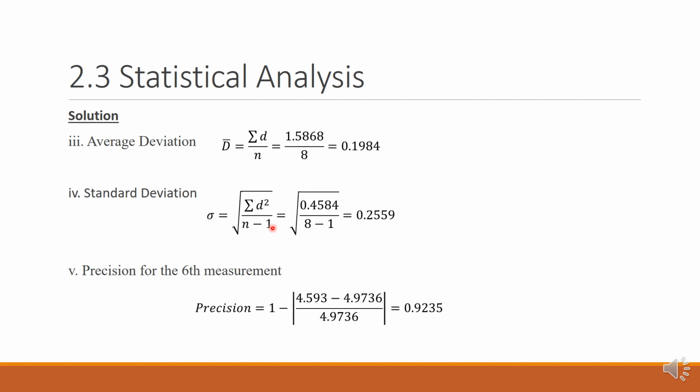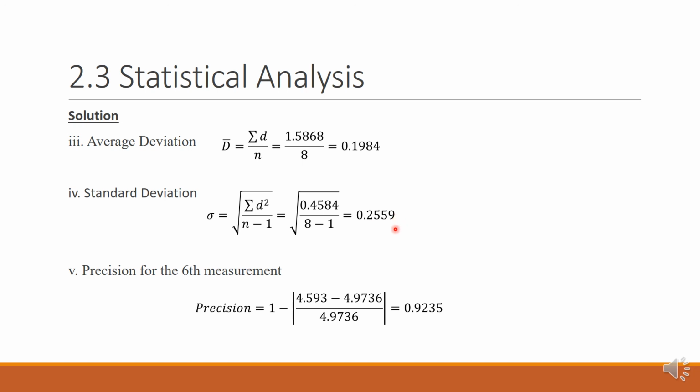As I said previously, if your number of data set is more than 20 readings, then the denominator is equal to n. But in this example, the denominator is 8, so you use n minus 1, which is 8 minus 1. You get the deviation squared, and you can get 0.2559.